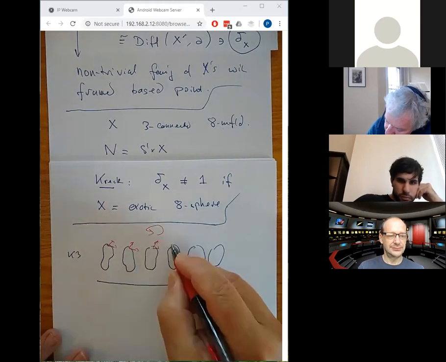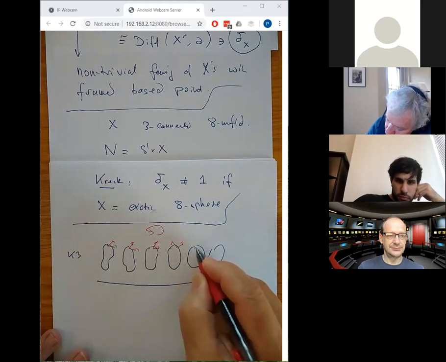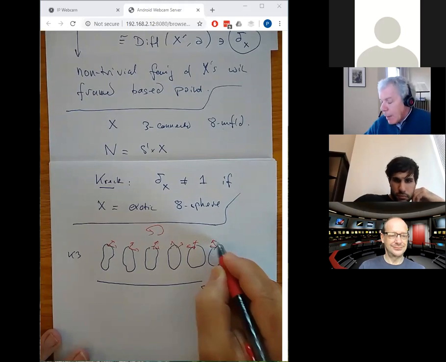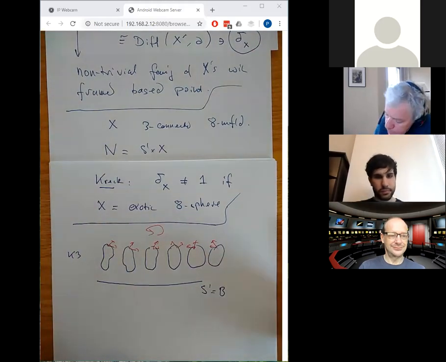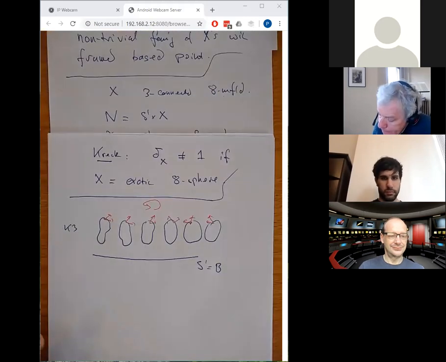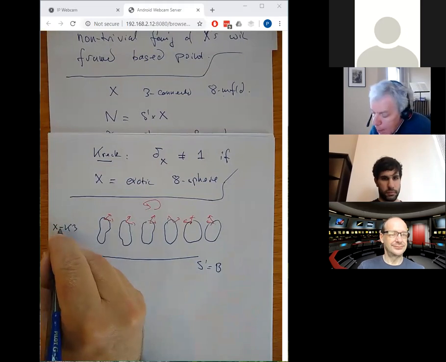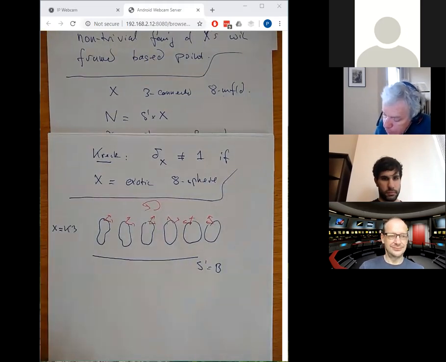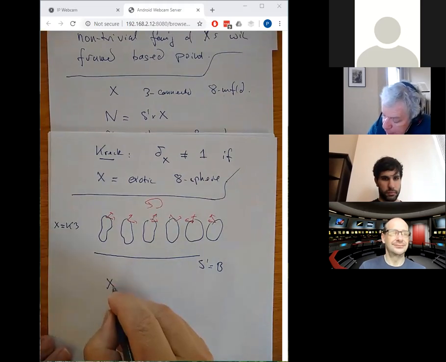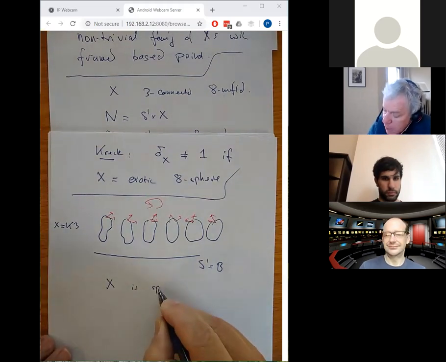It hasn't started to rotate yet in my picture. Rotated framing at this base point. Maybe that's X. The K3 surface is spin. It has a unique spin structure.